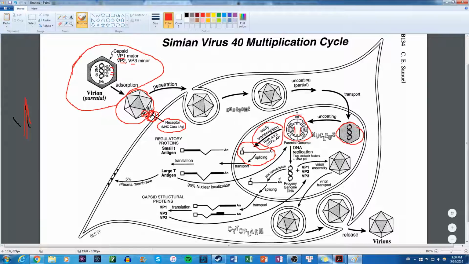Okay? Let me repeat that again. SV40 can use the same DNA sequence to make different polypeptides through alternative splicing.